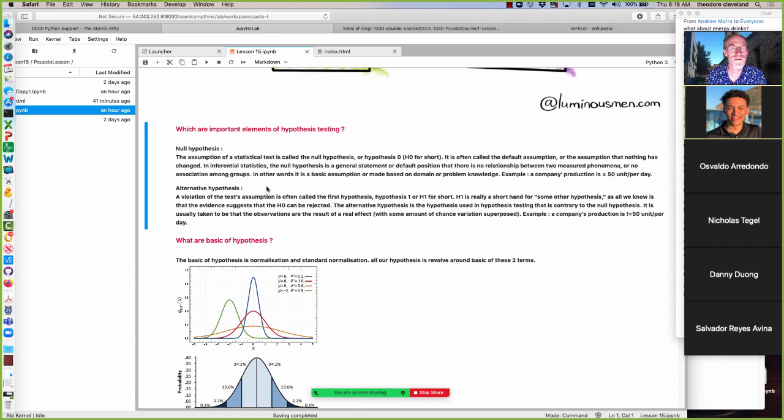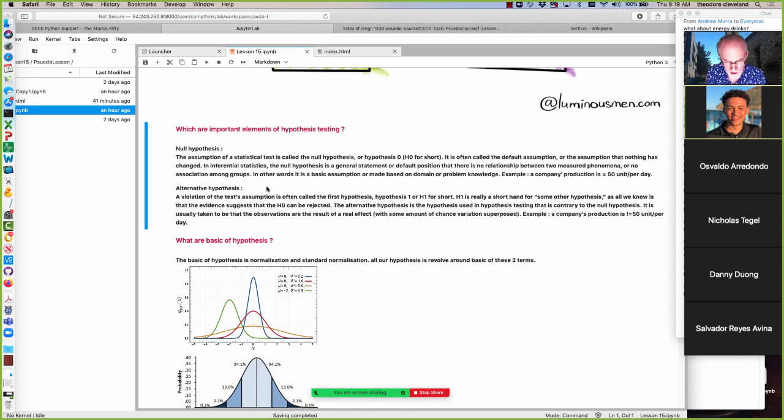And in inferential statistics, the null hypothesis is a general statement, default position, or assertion that there is no relationship between two measured phenomena, or there is no relationship or association among groups. So it's the basic assumption based on the problem knowledge. For example, a company production is 50 units per day might be the basic assumption.